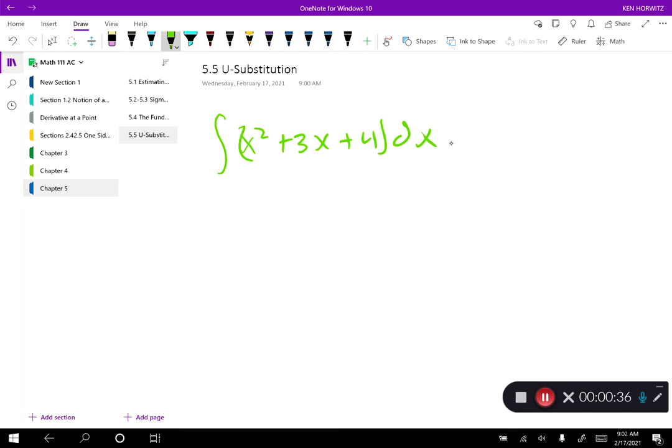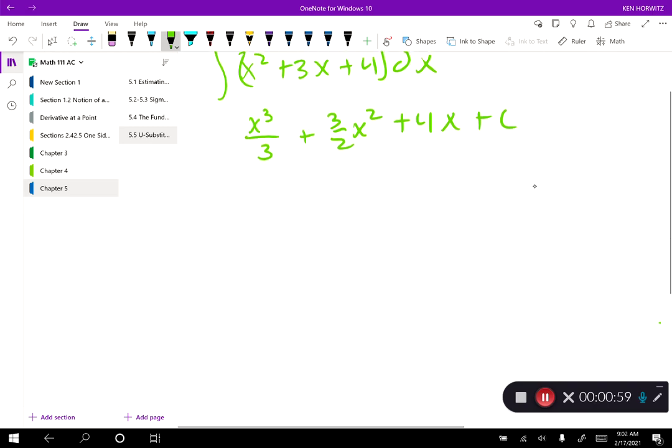So we basically reversed our power rule, and we wound up with x cubed over 3 plus 3 halves x squared plus 4x plus c. And this is what we've been doing the last couple of times.